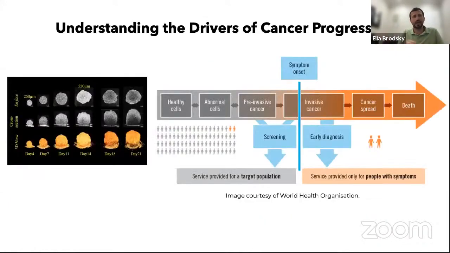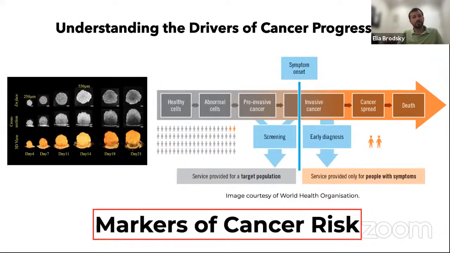Well, one of the things that is now obvious about cancer is that the earlier we understand that cancer risk is increasing, and the earlier we can detect the specific type of cancer that is developing, we can develop markers of cancer risk, and we start addressing that cancer earlier on. And that is a proven way to address cancer mortality and treatment in a more efficacious way.